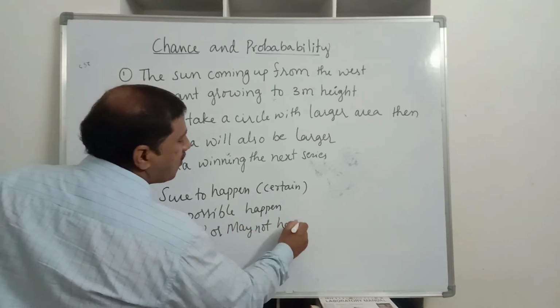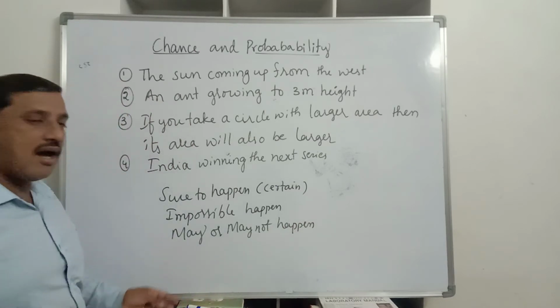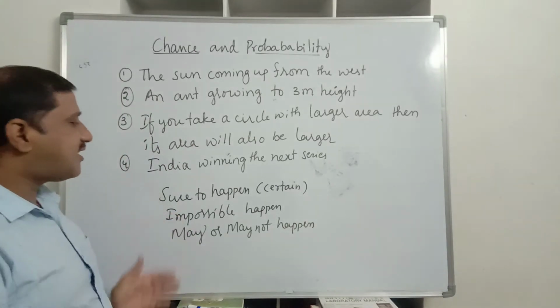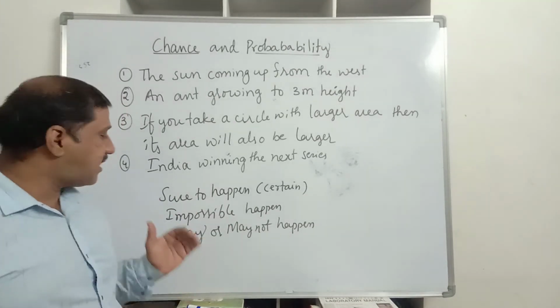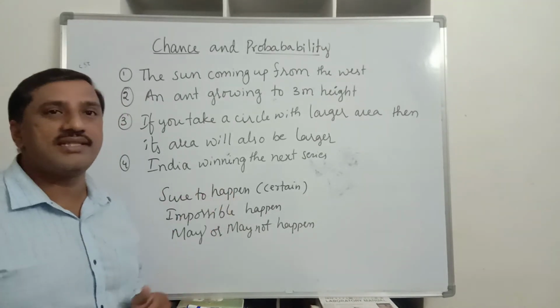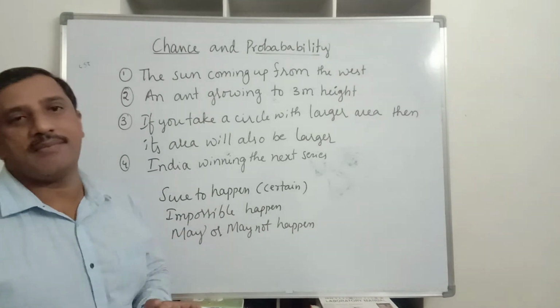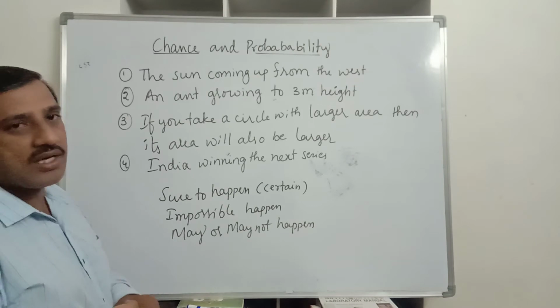If there is a possibility of happening, it may also not happen. So all the situations we can categorize as sure to happen, impossible to happen, or may or may not happen. See here some statements I wrote on the board.